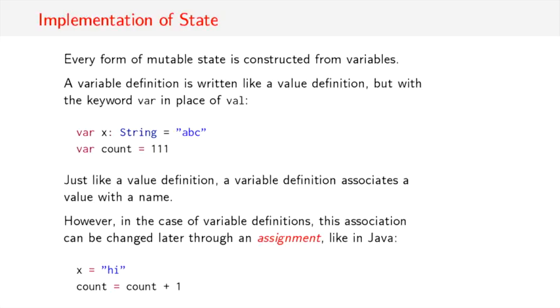Just like a value definition, a variable definition associates a value with a name. But if you have a variable definition, that association can be changed later through an assignment. So you could afterwards write x = "hi" and give a new value to the variable x. Or you could define a count to be 111 and then add 1 to the count, as you're used to do in imperative programming.